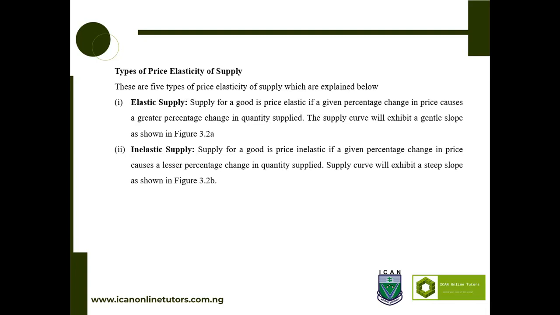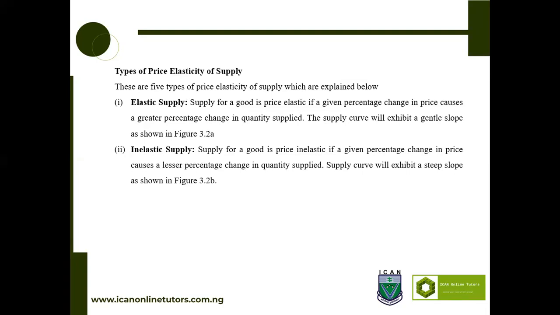Let's take a look at types of price elasticity of supply, the same way we did under the elasticity of demand. There are 5 types of price elasticity of supply, which I explain below.